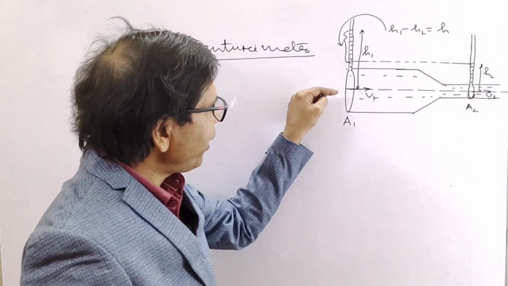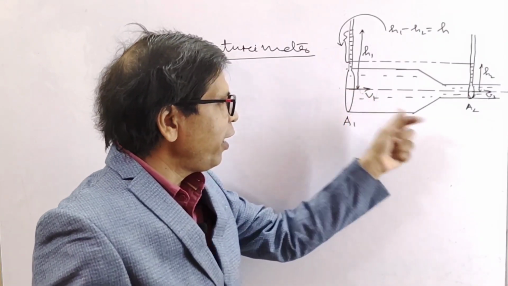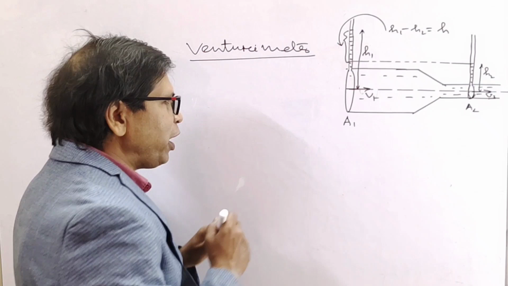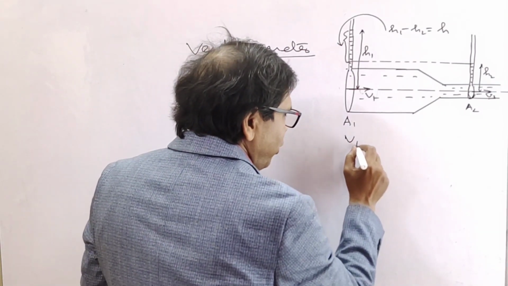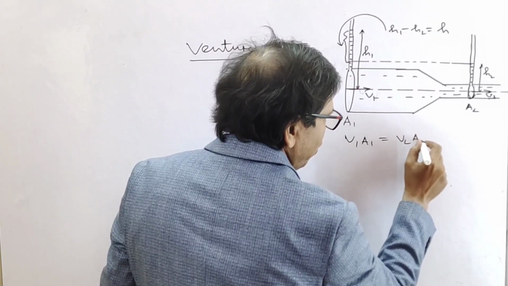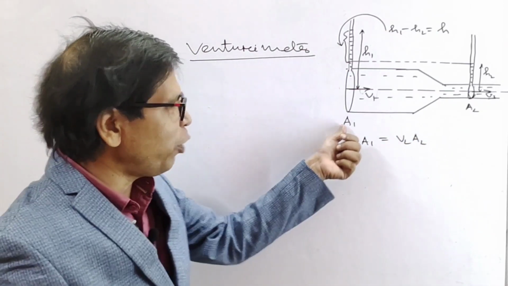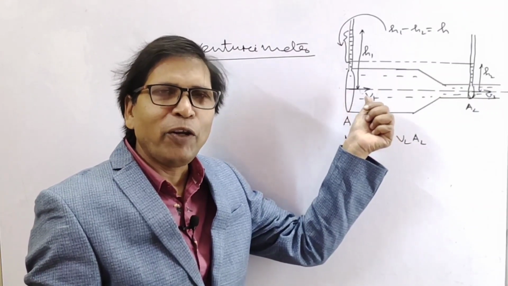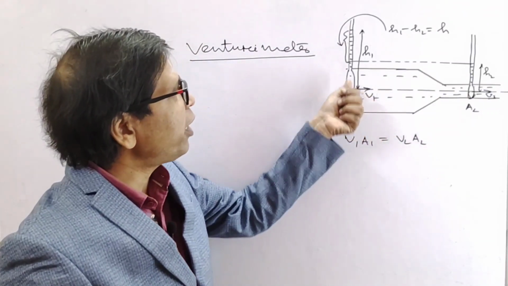Velocity of flow at this section is V1 and at this section is V2. So from equation of continuity, V1 A1 equals V2 A2. Look at this, here A1 is more, therefore velocity is less. Velocity less means pressure more.